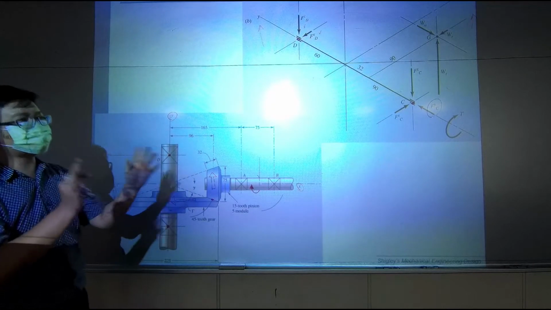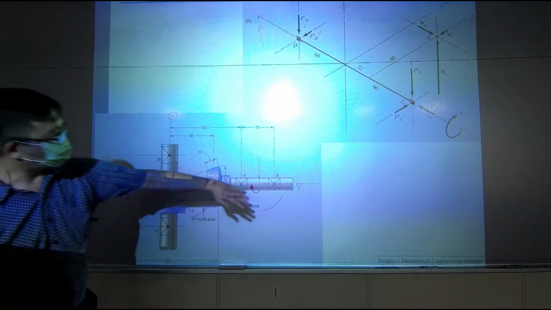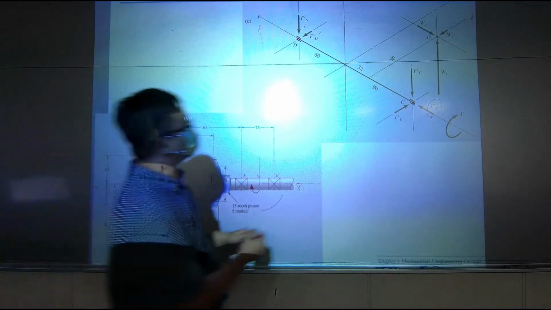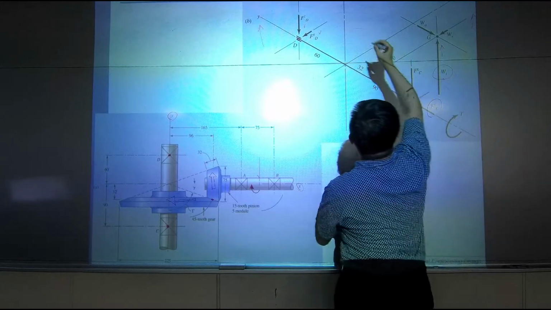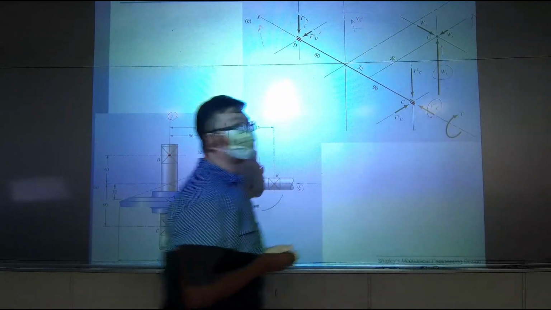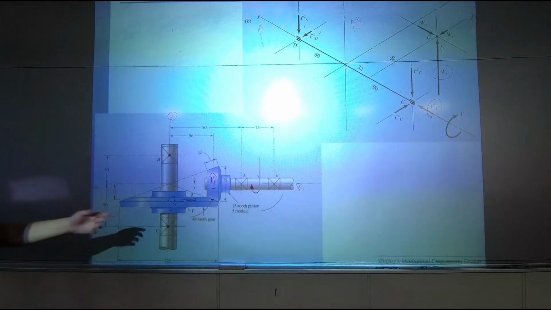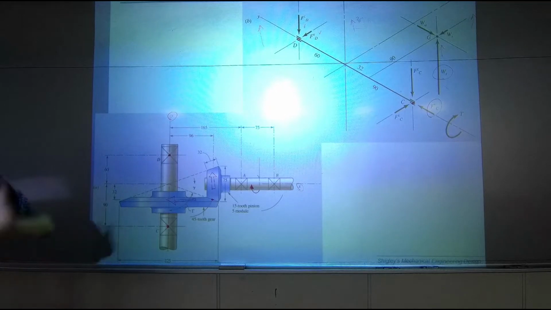So the transverse force goes this way. So what is this direction? X, Y, and Z. So the transverse force goes up along the Z direction. That was Z. This is how you observe where the load is pointing at.